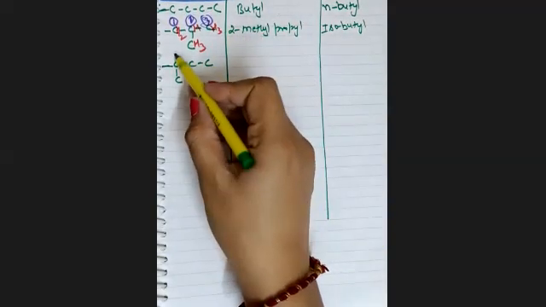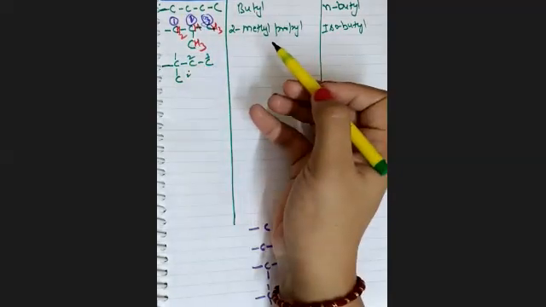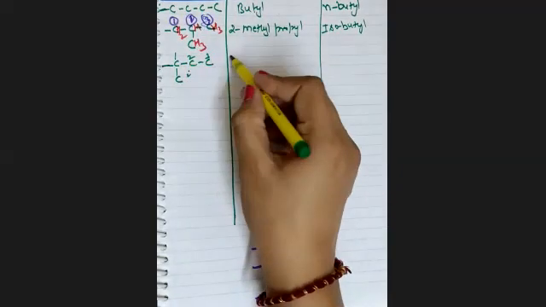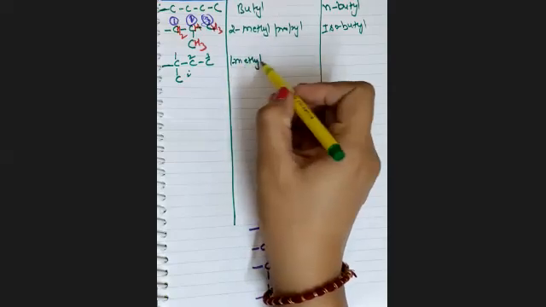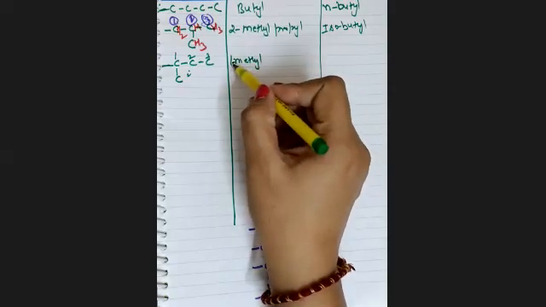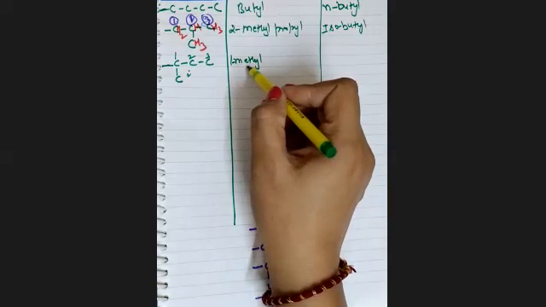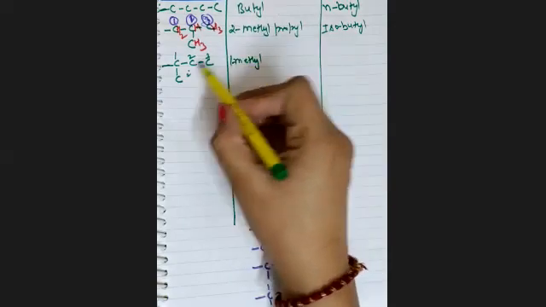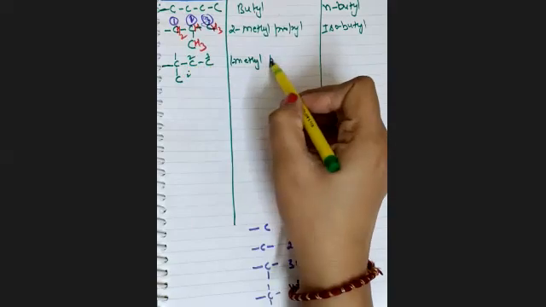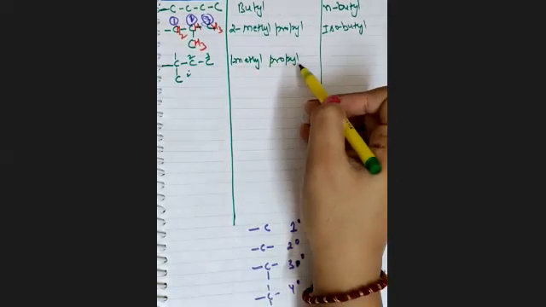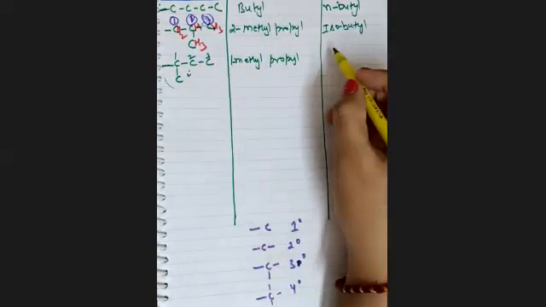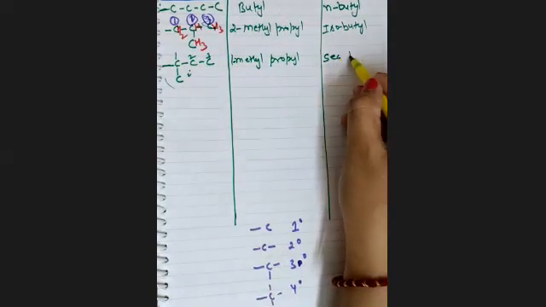So at first carbon, 1, 2, 3, start the numbering. So at 1 we have methyl, 1-methyl. I've already told you, you have to write a dash between a number and the alphabet. Methyl, 1, 2, 3, propyl. This will be 1-methyl propyl, and this type of arrangement is known as sec-butyl.